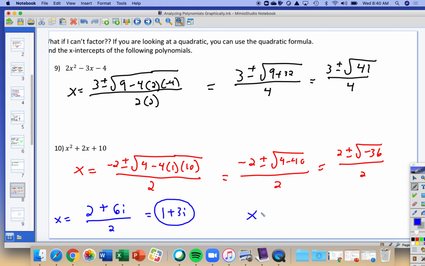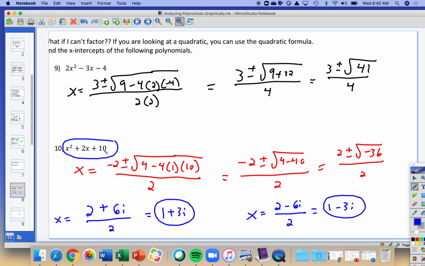My other zero would be negative 2 minus 6i over 2, which is 1 minus 3i. These zeros don't show up on a graph, meaning that this function does not cross the x-axis. These are imaginary zeros. This function crossed the x-axis twice.